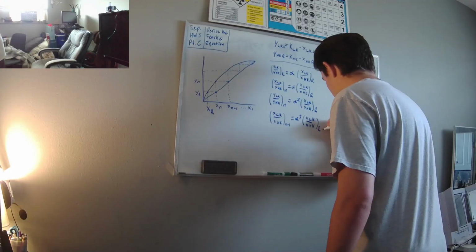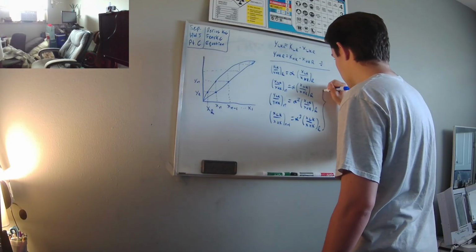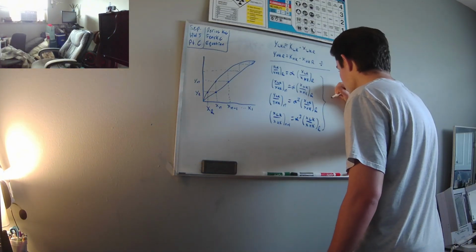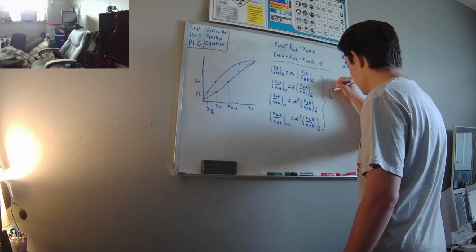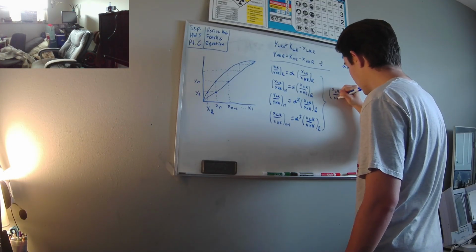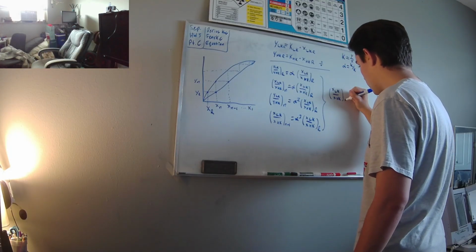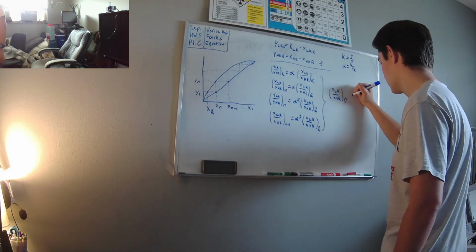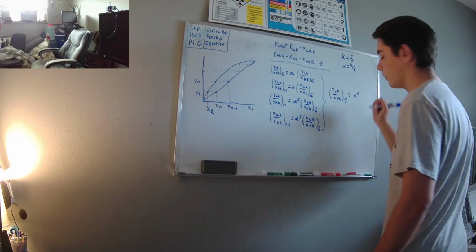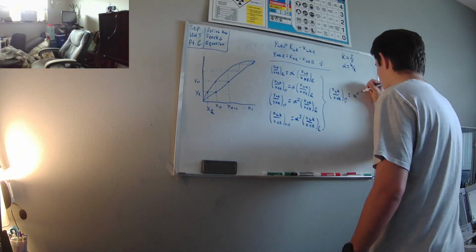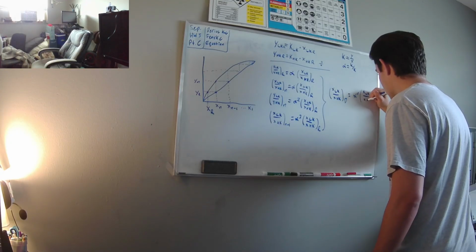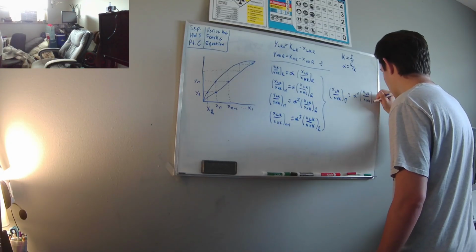And that trend is that eventually our XLK over XHK at our distillate must equal alpha to the N, with N of course being our number of stages, times XLK over XHK at the bottoms.